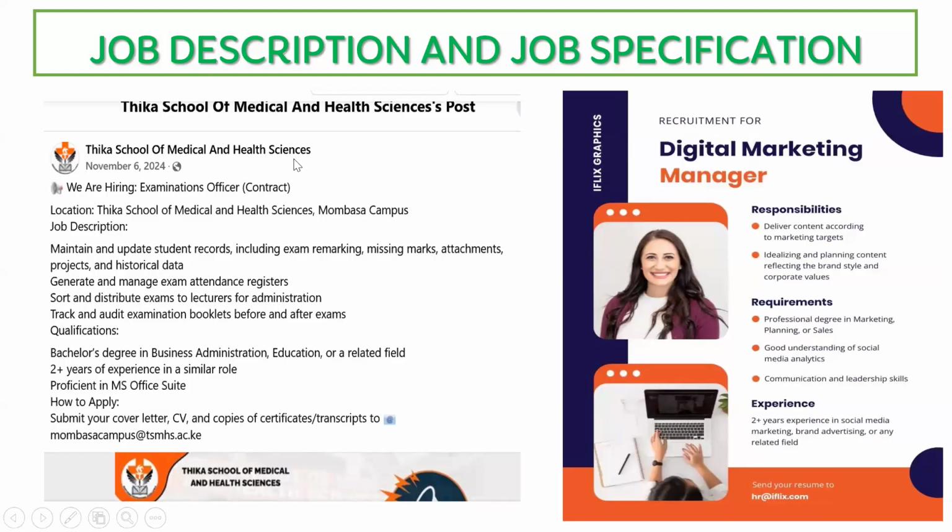Again, this is also an example of another job advertisement. So in any job advertisement, you'll always see we have the job description: maintain and update students' records, generate and manage exam attendance. Then the qualification is the job specification. The person should have 2 years of experience, proficient in MS Office.